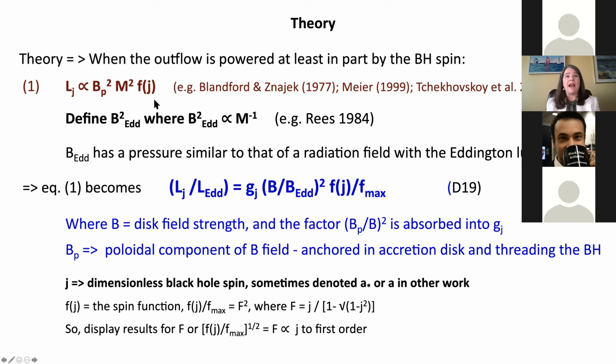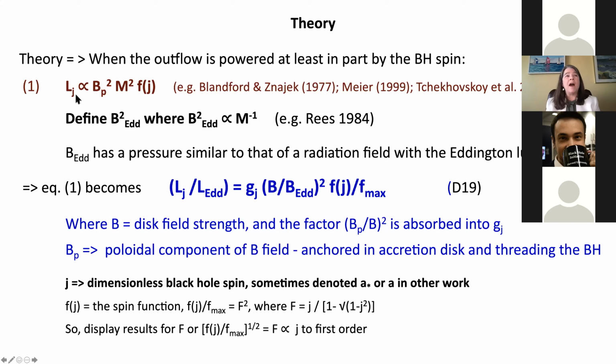A spin-powered outflow, of course, Blandford and Znajek in 1977 wrote down this equation. Meier in 1999 showed that if you have a combination of a spin-powered outflow plus a disk wind, as in the Blandford-Payne model, you recover the same equation. And this has been studied in numerical simulations by many, many groups.